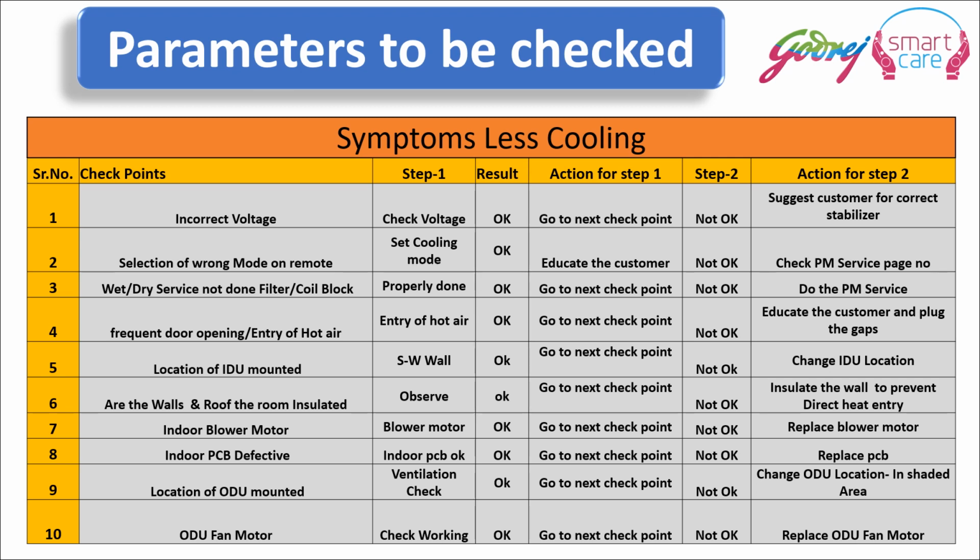Then location of the outdoor unit mounted. It should be in a ventilated area. In case the outdoor unit is mounted in an area where the ventilation is not proper, then we have to change the outdoor location to a shaded area. Outdoor fan motor: we have to check it's working, and if it is not working, we have to replace the outdoor fan motor.